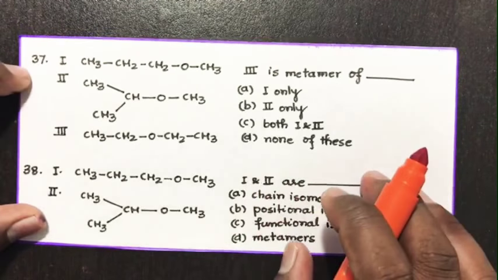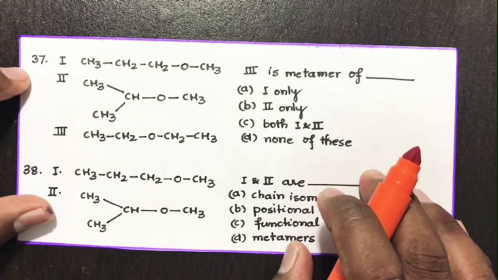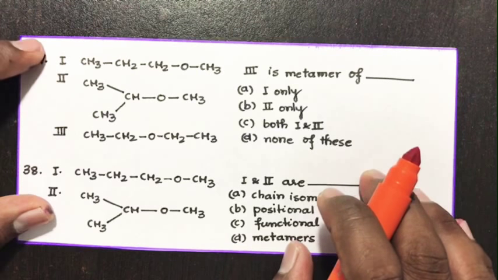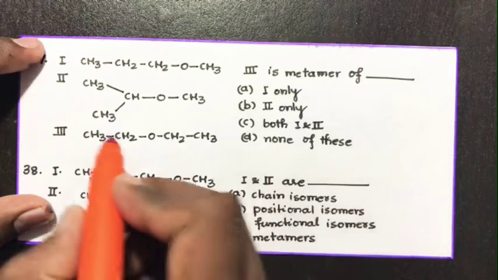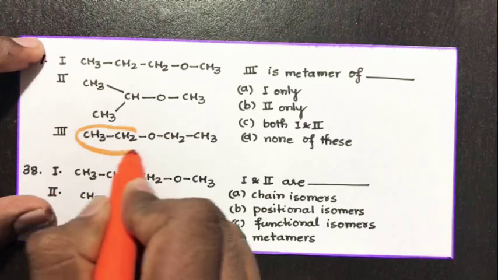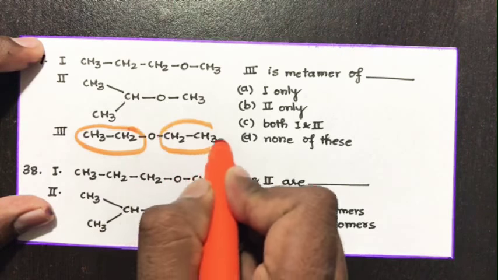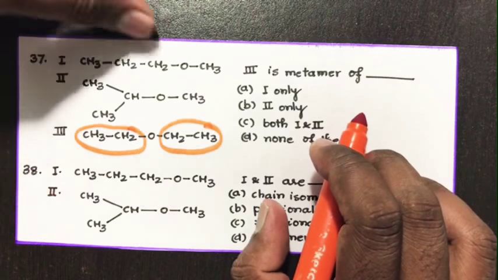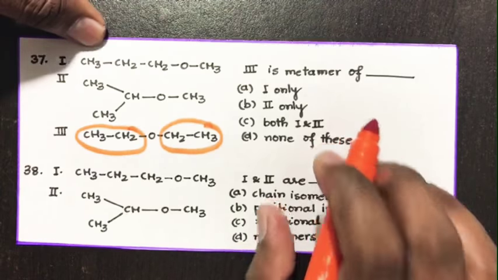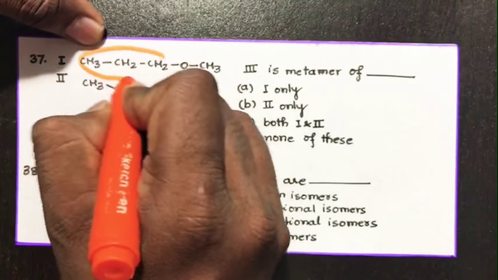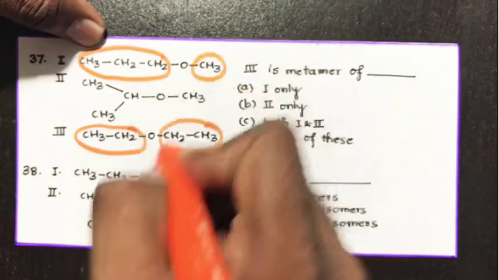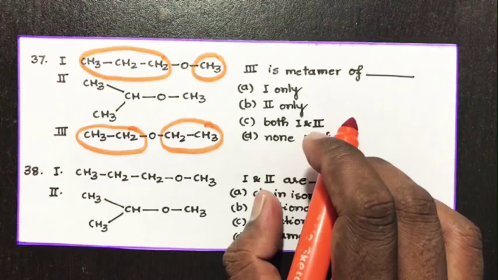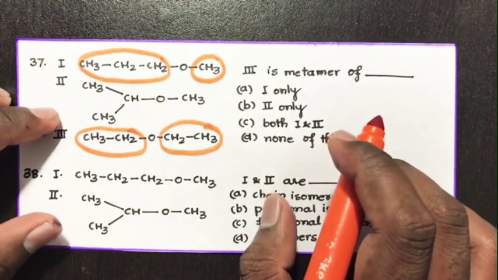Coming to question number 37. Now 3 is the metamer of, this is the 3, and it has ethyl group on both sides. Now if I compare it with 1, then it has propyl group and methyl group, so the groups are different on either side of the divalent functional group.